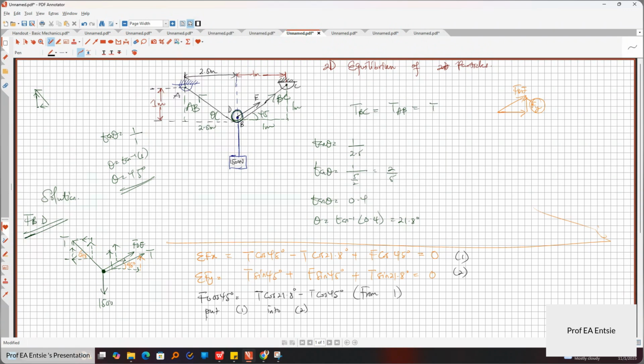Wherever you see F sine 45, you can put in place the expression for F cos 45, because you know that cos 45 equals sine 45.